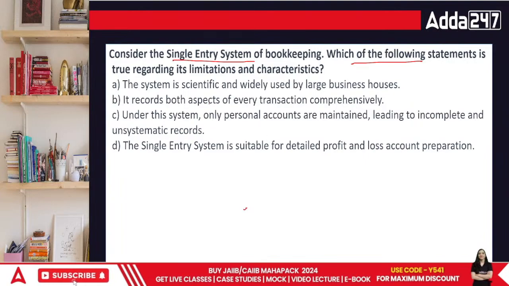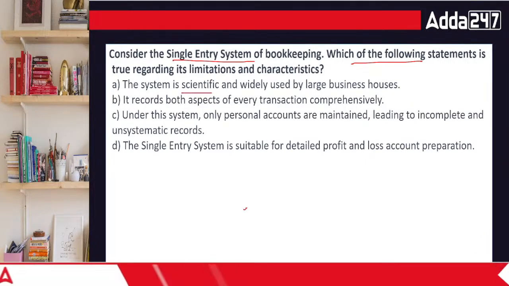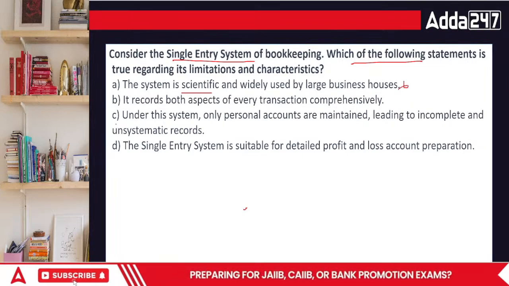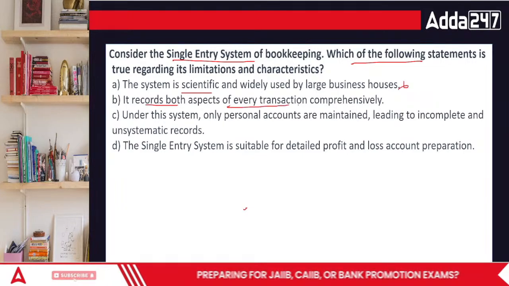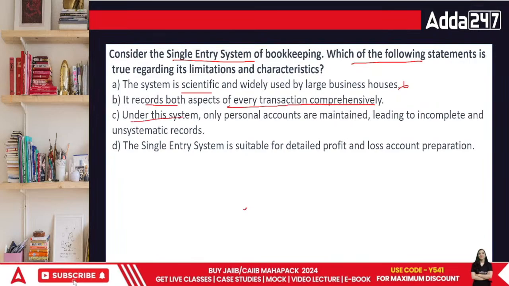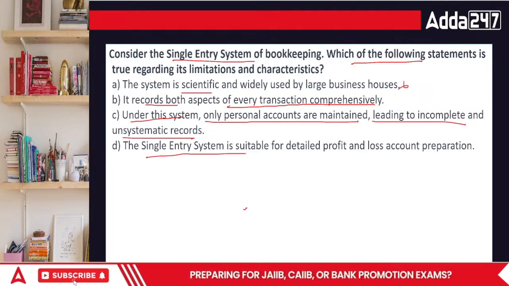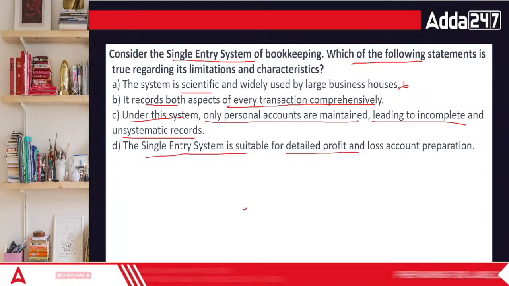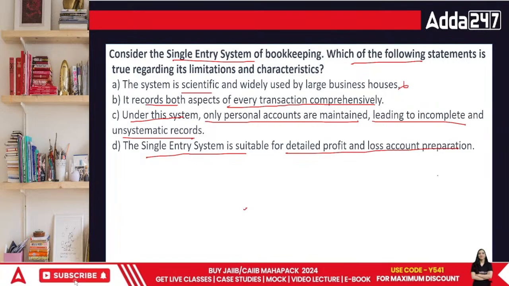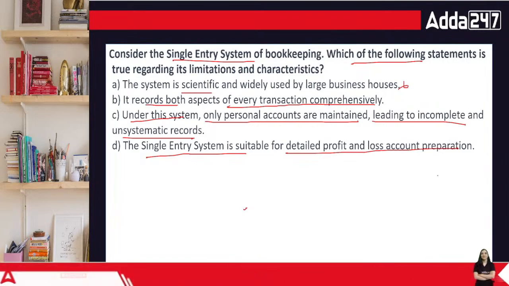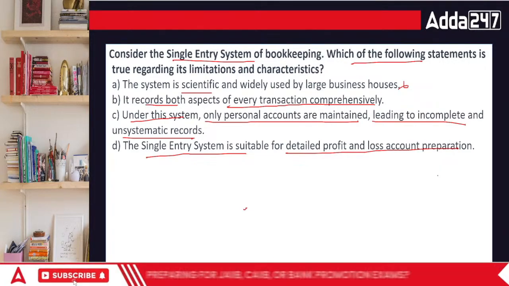When we talk about single entry, the scientific system used by large business houses, no. It records both aspects of every transaction comprehensively. Under the system, only personal accounts are maintained, leading to incomplete and unsystematic records. Or single entry system is suitable for detailed profit and loss. Detailed profit and loss is also wrong.